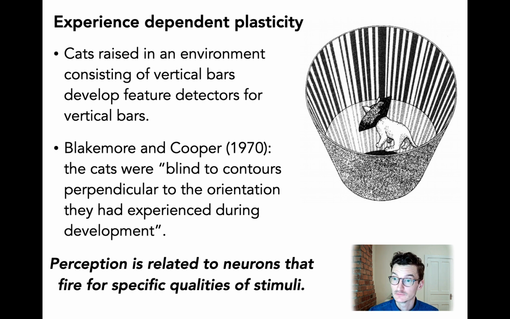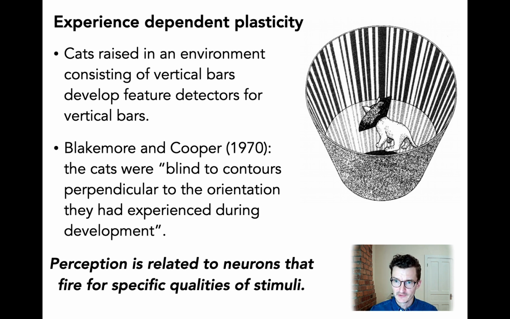And so cats were raised in this vertical bar world, and they only developed feature detection cells for vertically oriented bars of light. And they were effectively blind. They couldn't perceive light that was horizontally oriented. And so this study provides evidence that perception is related to neurons that fire for specific qualities of stimuli.